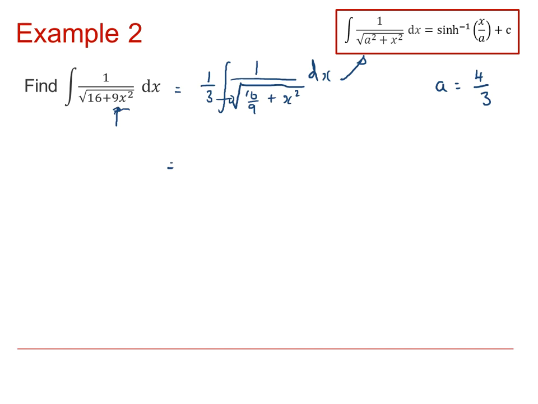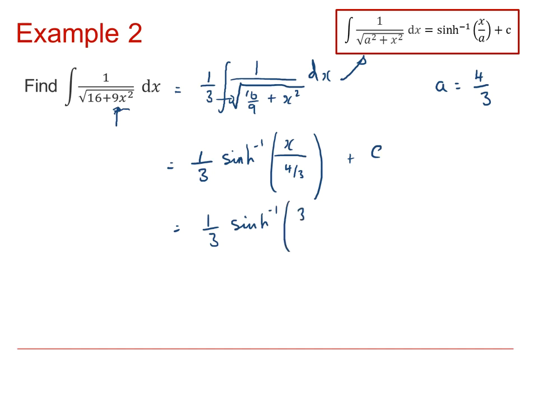And therefore, we can now apply the standard result to give our answer, which is 1/3 sinh inverse, I'm going to write it as x divided by 4 over 3, plus a constant. And of course you could probably do that directly to give the answer 1/3 sinh inverse 3x over 4 plus c.